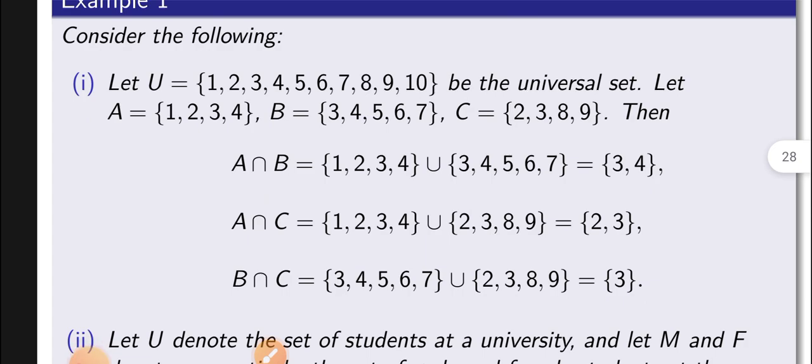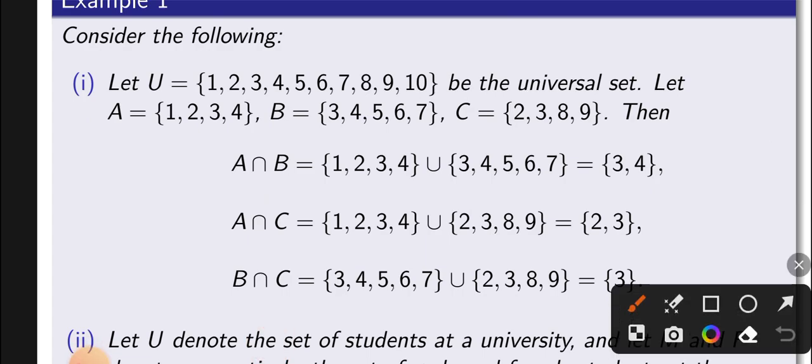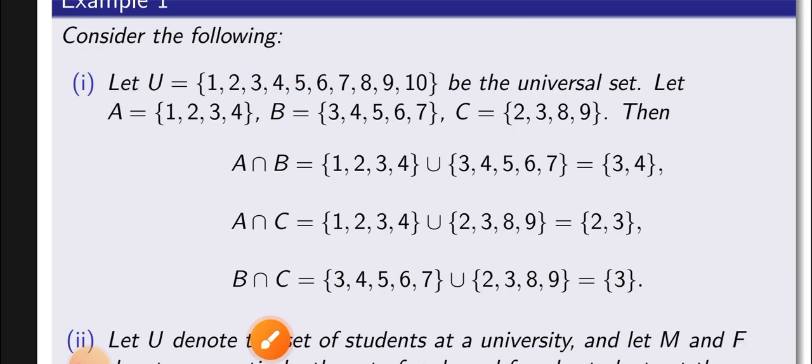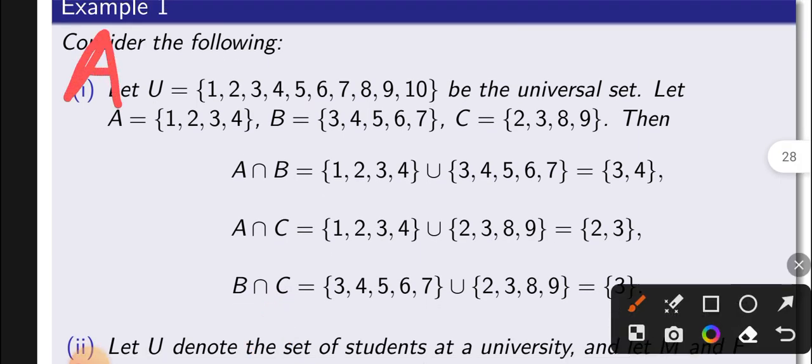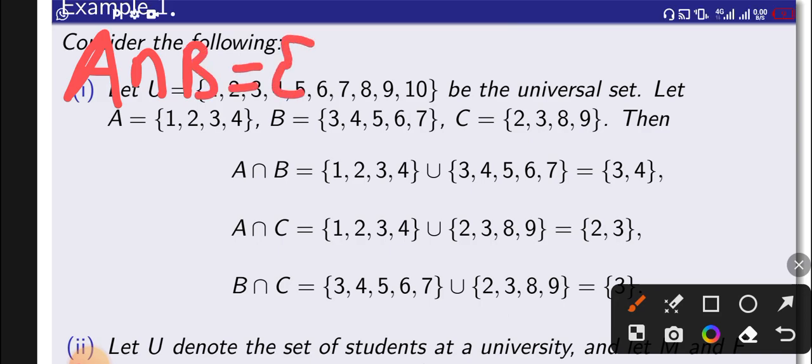If we've been given this as our universal set, 1 up to 10, then we have set A, 1, 2, 3, 4, and then set B. If they say find A intersection B, you are going to look for common elements between A and B. So what are the common elements?